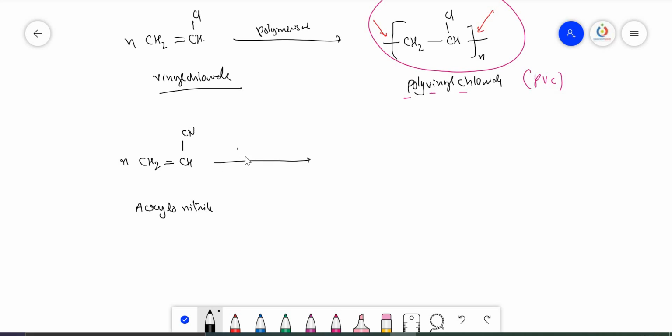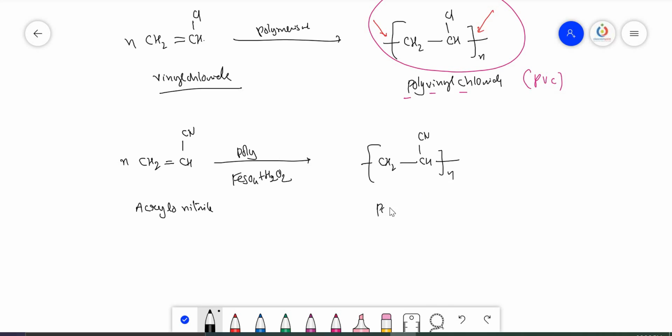So this acrylonitrile, if it is subjected to polymerization in the presence of FeSO4 plus H2O2, you will get the molecule CH2, CH, CN, and it will continue to take place like this n number of times.